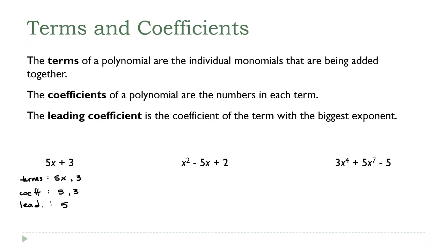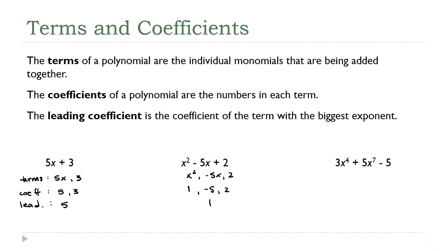See what's going on here. This one has three terms. I would say they are x squared, negative 5x, and 2. Watch how I'm treating that negative sign here. The coefficients are 1. Yes, that does have a coefficient, even though it's not written. Every term always has a coefficient. Negative 5 here, and 2, the leading coefficient is that 1.